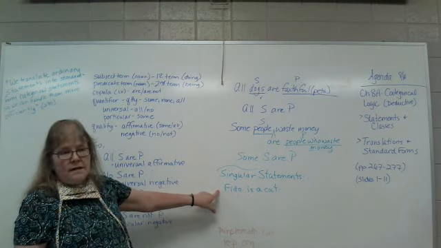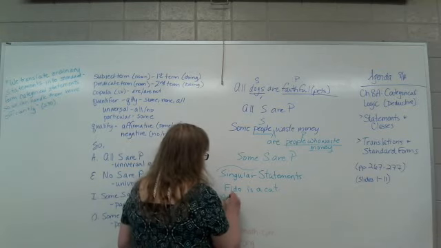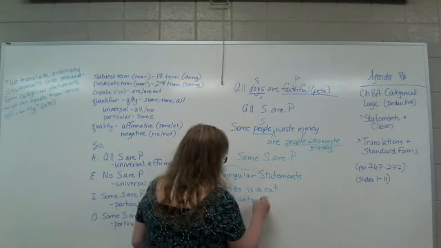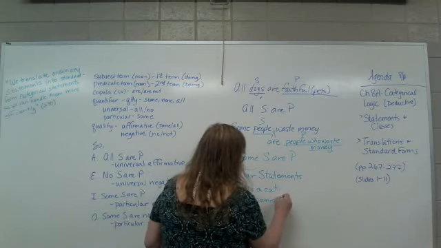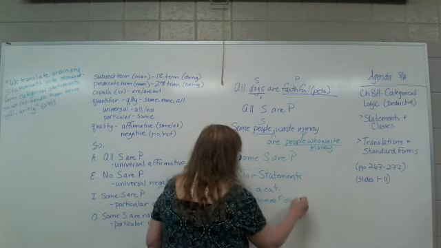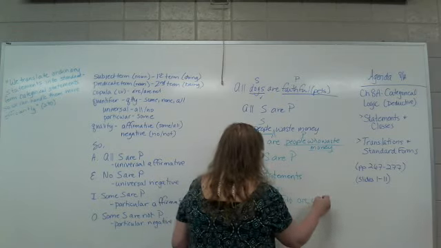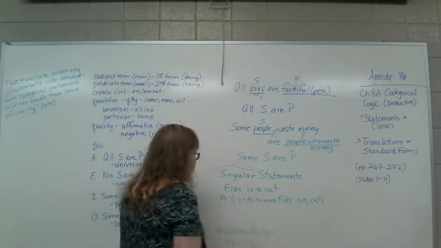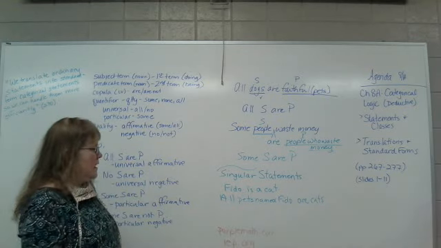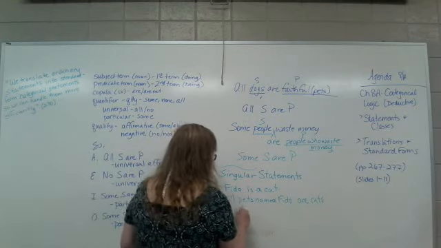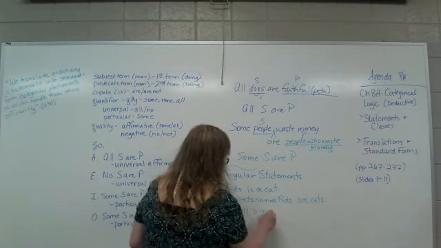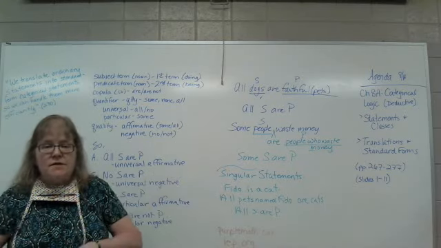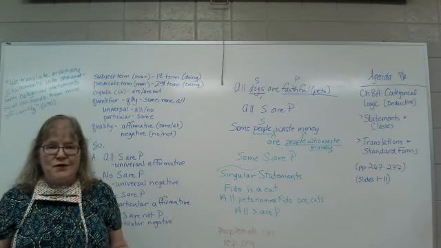So we would translate first, all cats named Fido are cats. How about we make it a little less redundant and say all pets named Fido are cats, okay? So then we can go all S R P. You got to walk through the steps of these translations. You have to follow the directions so you get full credit.